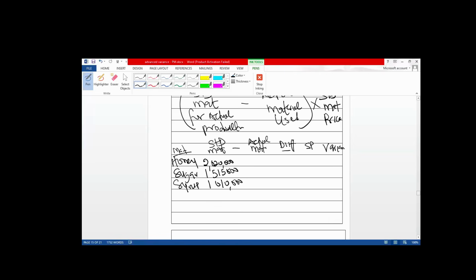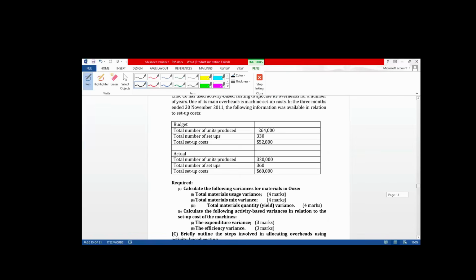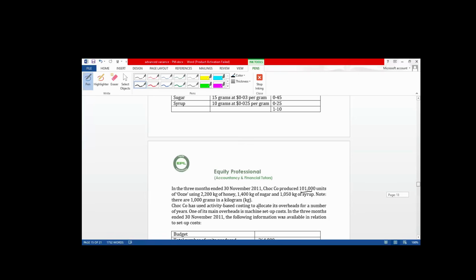What is the actual material used? Examiner says using, look at actual, 2,200 kg of honey, 1,400 kg of sugar, 1,050 of syrup.